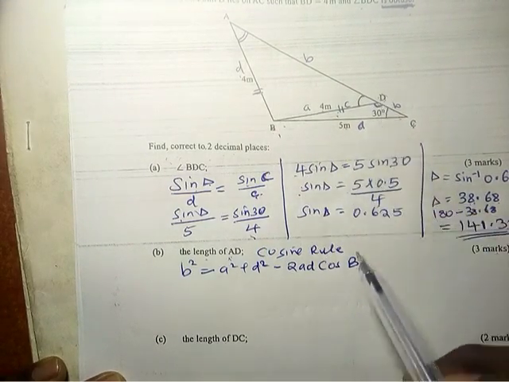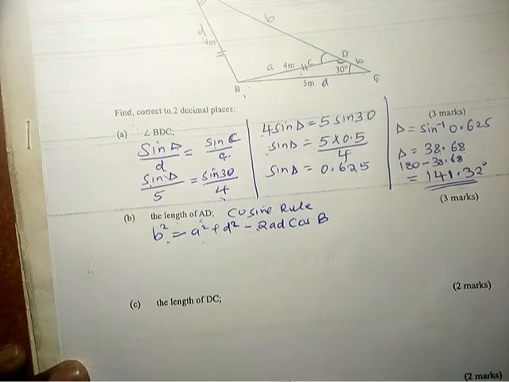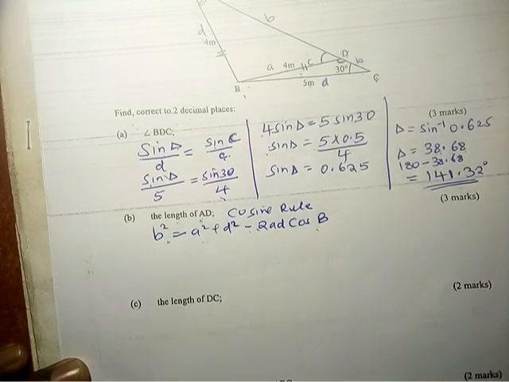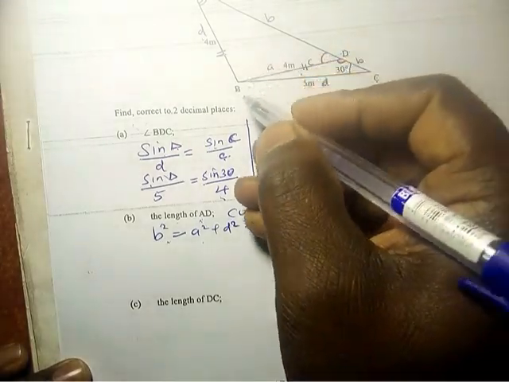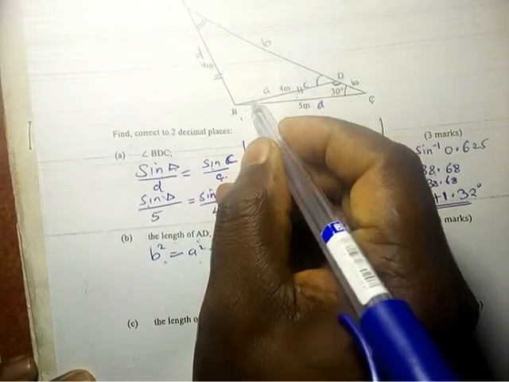Yeah, cos B. But now we need to obtain the angle of B, angle ABD. This angle here.